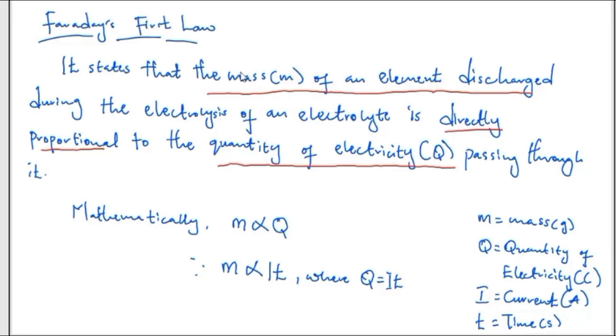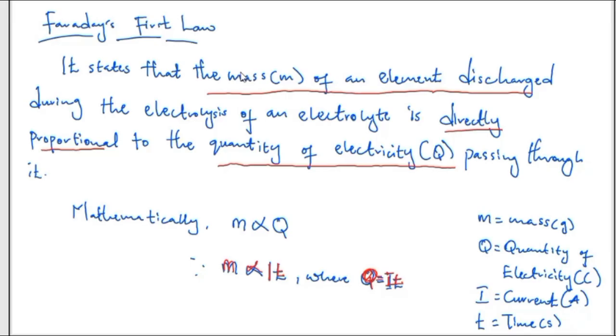So basically this is the mathematical expression. Mass is directly proportional to quantity of electricity, Q. And what is quantity of electricity? Quantity of electricity can also be presented as Q is equal to IT. So therefore we can say M is directly proportional to I times T, where IT is equal to Q. I is your current in amps, T is your time in seconds.